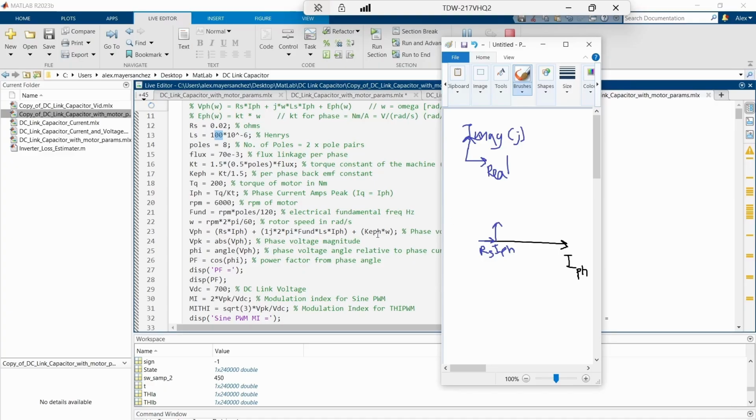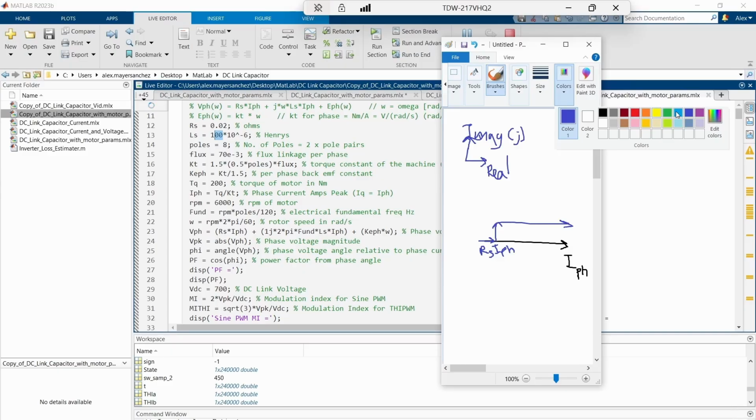And then from the back EMF of the motor, the back EMF of the motor is always going to be in phase with the phase current as long as the phase current is in line with the Q-axis current. And we're not doing field weakening. So then we get another vector like this. So then the overall vector for the voltage ends up being all of these added tip to tail.